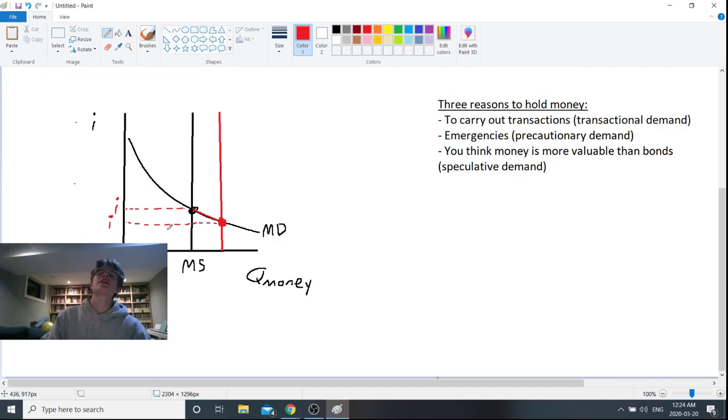What does it mean when our equilibrium interest rate goes down? Now, if you recall, when our interest rate goes down, that makes our investment go up.